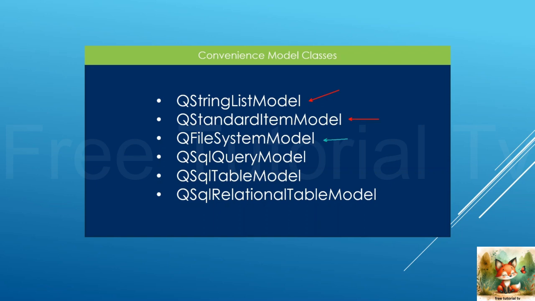We have QFileSystemModel, we have QSqlQueryModel, and the three classes below are going to be used to manipulate SQL-based databases. So if you need to do something like this, these are classes you might check out. And again, at this point, I would recommend you go into the Qt framework and check out each of these classes to see how they work and try to even figure things out on your own.